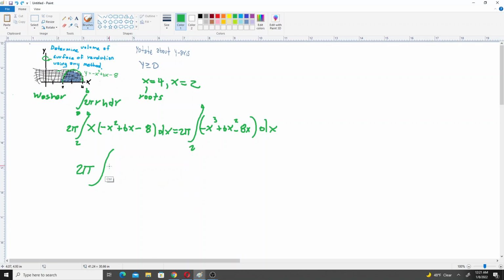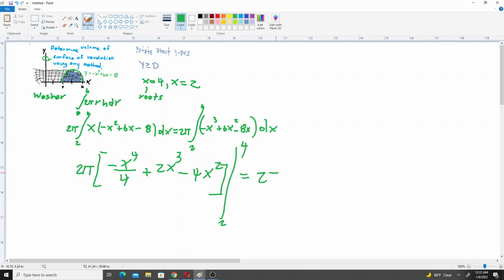So we're going to have 2 pi times negative x to the 4th over 4 plus 2x cubed minus 4x squared. And then we're evaluating from 2 to 4. So 2 pi and then 4 to the 4th, 256 over 4, that's going to give us negative 64. And then 2 times 4 cubed will be 128.